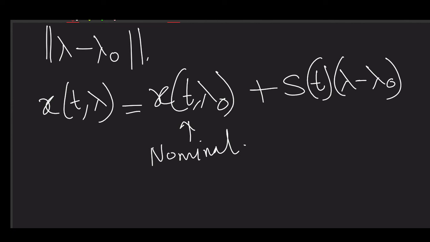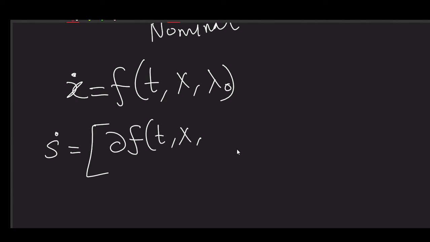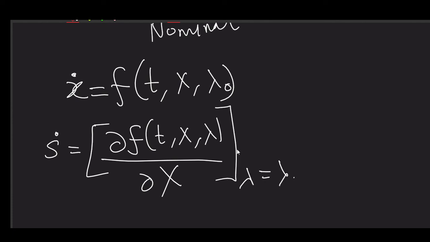So this one gives us a very important thing. This is actually our A, and then we'll have B.